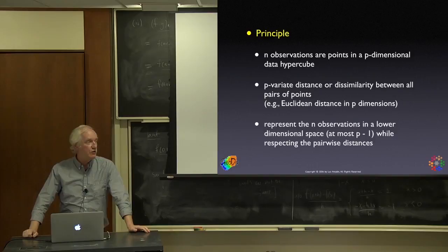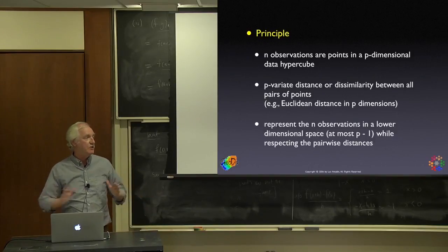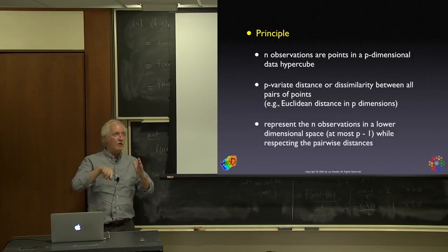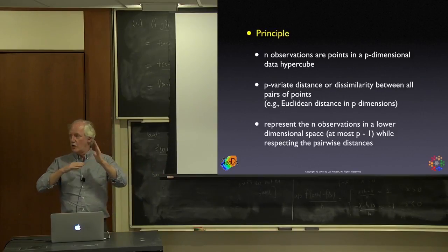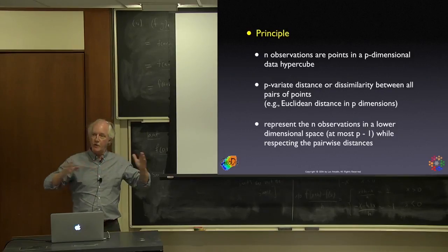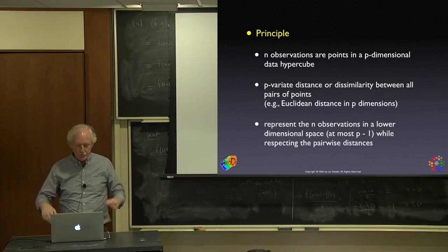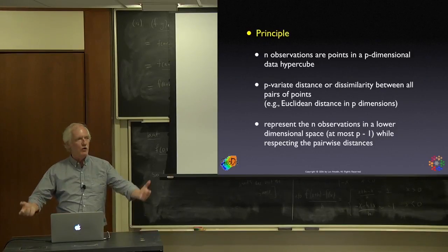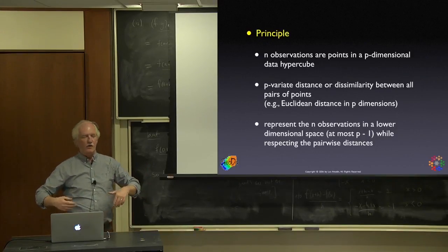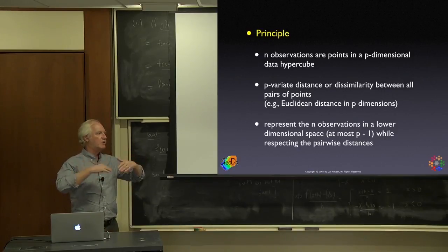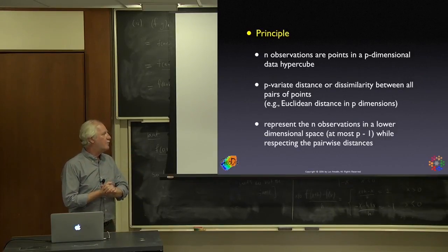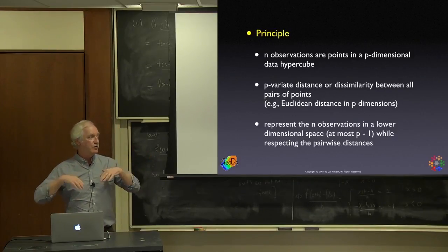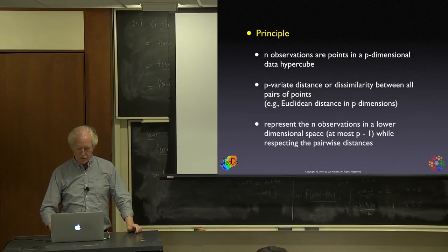We have the Euclidean distance in p dimensions. As I mentioned to you, it's a very straightforward generalization of the triangle theorem. So you sum the squared differences over p dimensions, and then take a root or not. That depends. Basically, we want to go lower dimensional, right? At most p minus 1, but typically much smaller. In my example, I'm going to go from 12 dimensions to 2. And 2, again, we can represent very clearly.